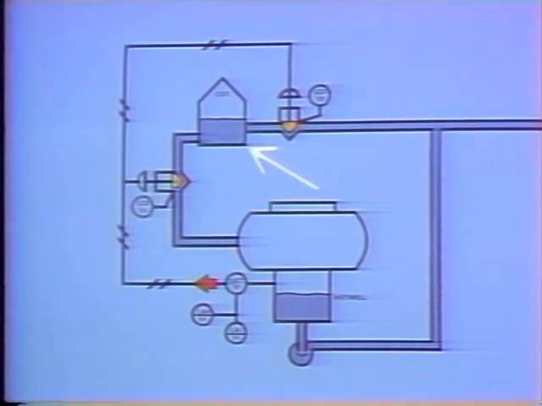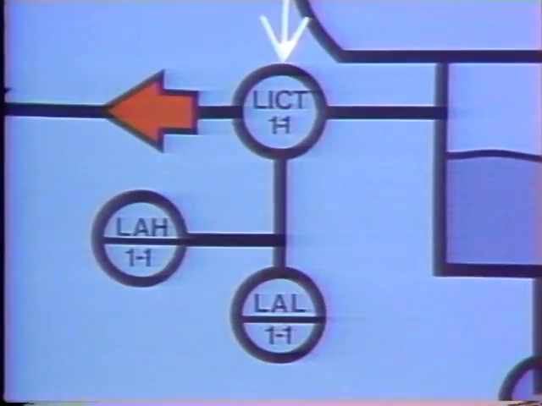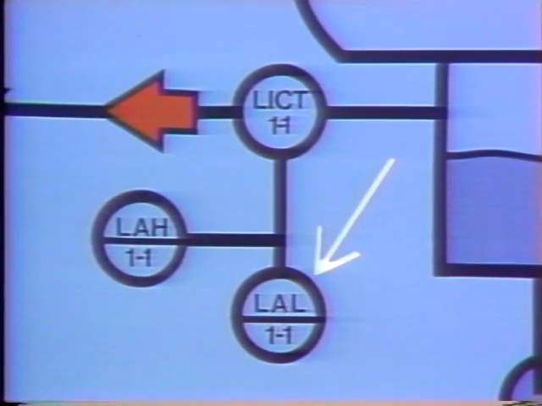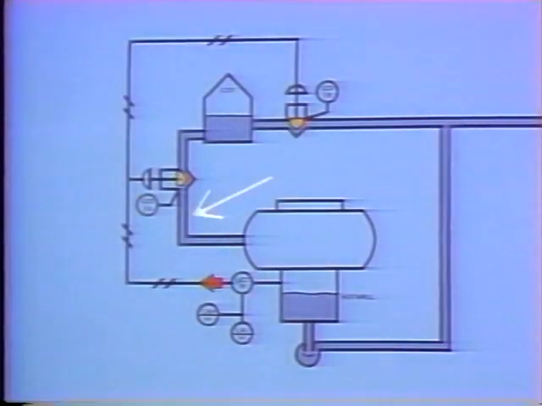Here's the condensate storage tank, the dump line and valve, the condenser, the hot well, the level indicating control transmitter, the high hot well level alarm, the low level alarm, the makeup line, and the makeup valve. This arrow represents the signal from the level indicating control transmitter.